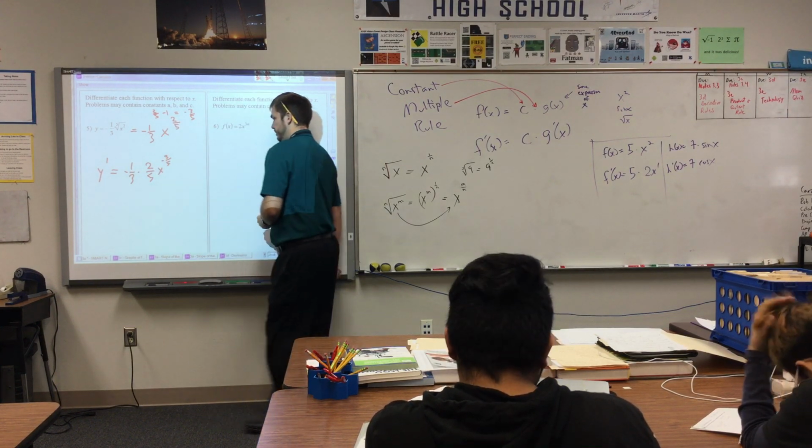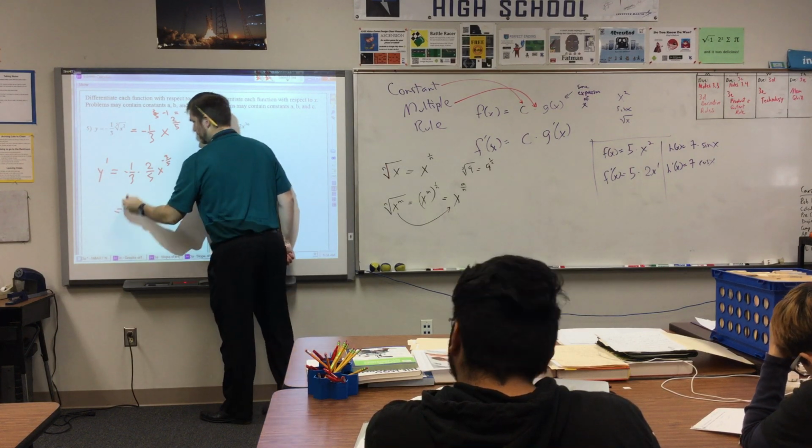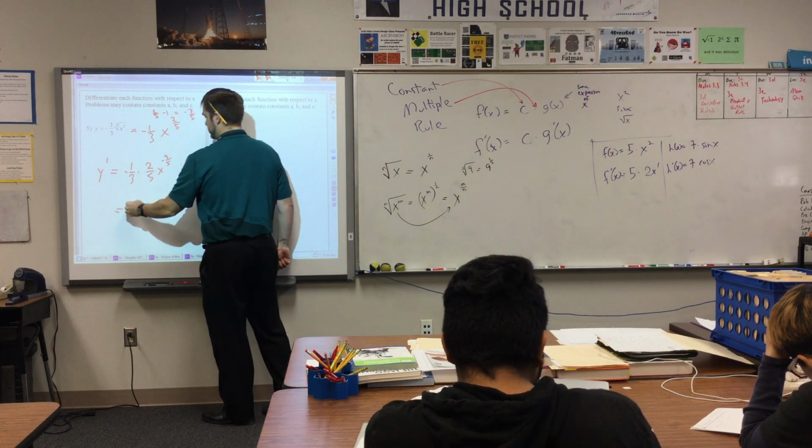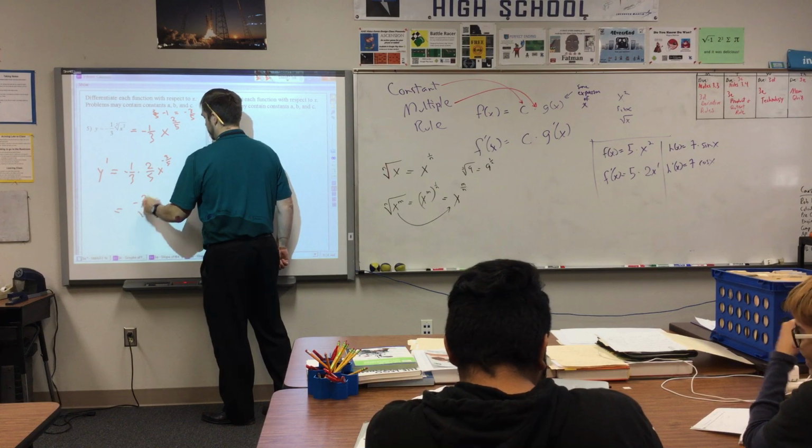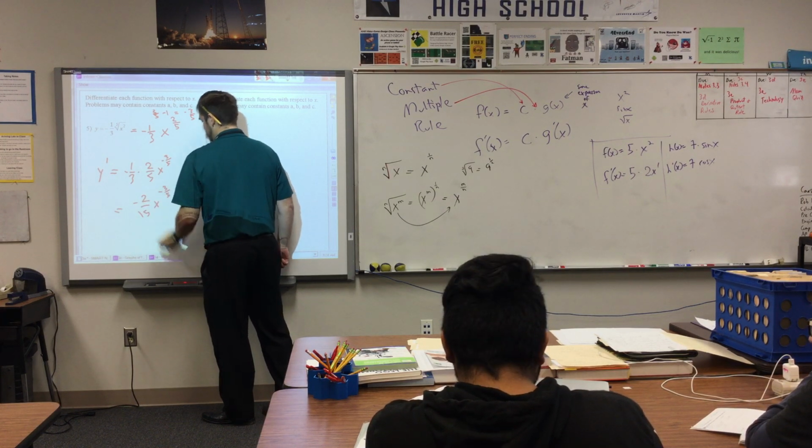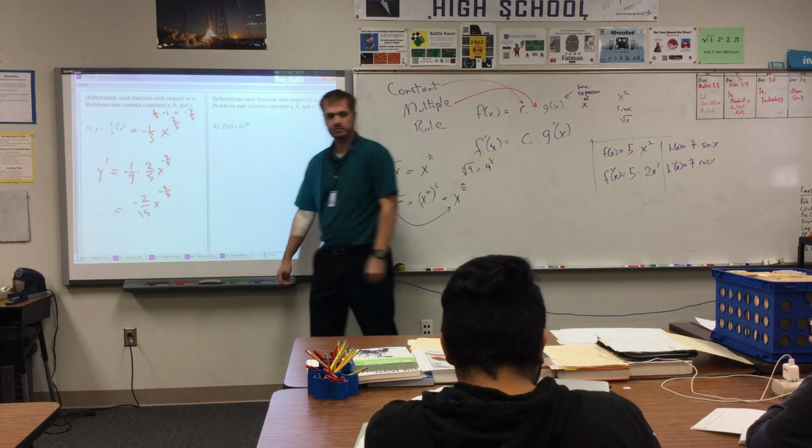Your calculator can help you out. So fraction times fraction is gonna be negative 2/15, x to the negative 3/5. Bet you never had a weird answer like that before.